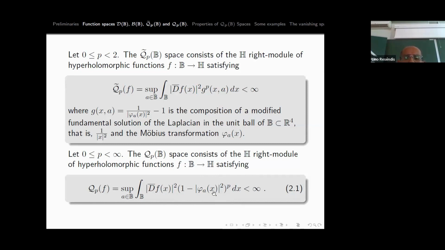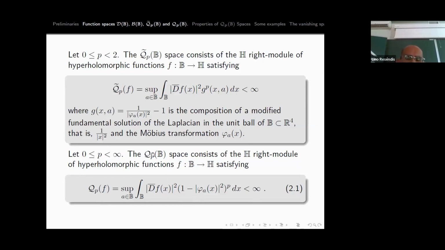Then there is no problem here, but however, again, all this quantity is equal to 0 on the boundary of the ball. In both definitions, you can observe that we are considering the supremum when a runs in all the unit ball. Then if this supremum is finite, we say that the function belongs to the Q_p tilde space or Q_p space.